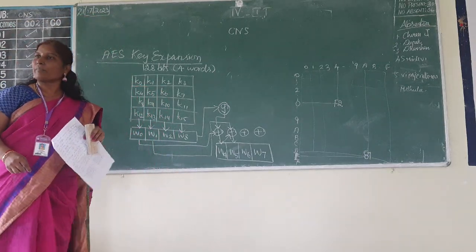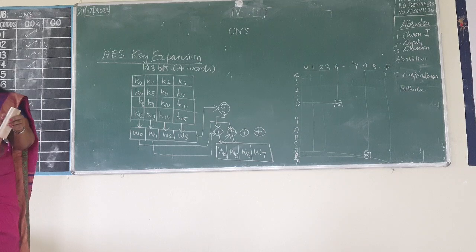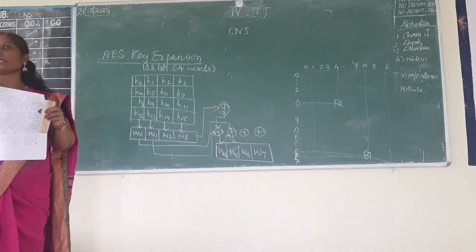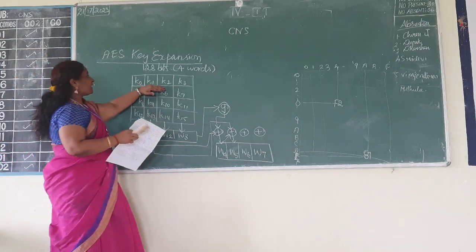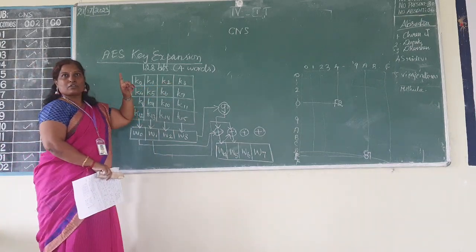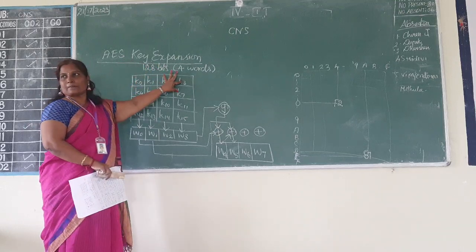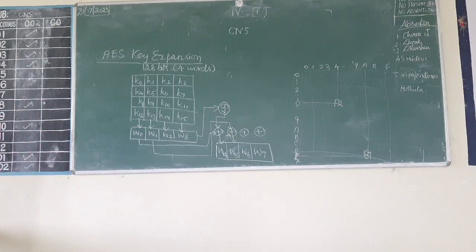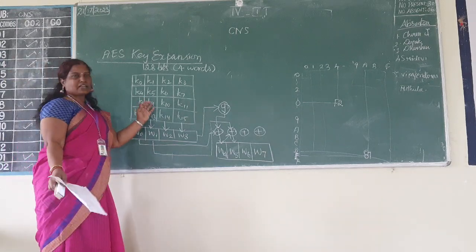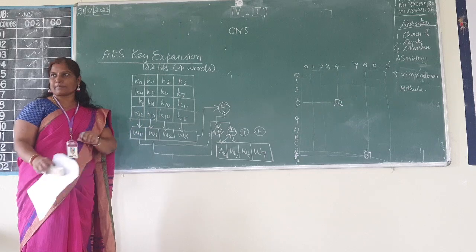One byte, that is 8 bits. So one complete row is one word. There are 4 cells over here, each one being very small. That is the reason we consider a whole word. A complete word will be considered for the expansion. We will not be considering 2 bits or 4 bits separately.